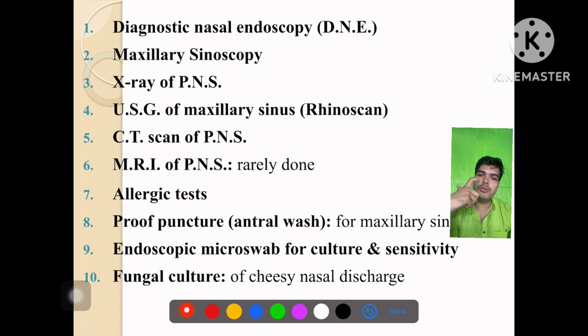With the help of the Thudicum, you put your index finger in it like this, squeeze it, insert it into the nose, and then open it. So with the Thudicum, you look into the anterior nasal area. That is anterior rhinoscopy.